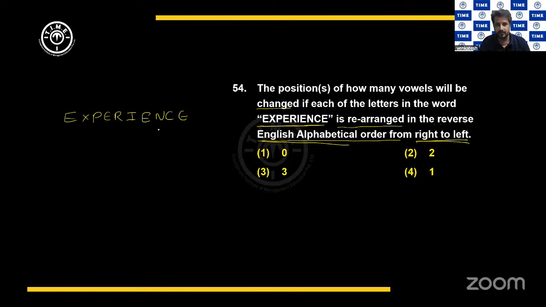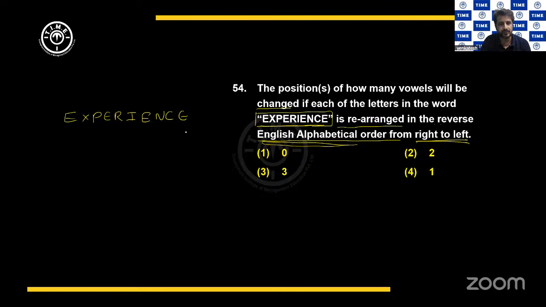Though it is given as reverse alphabetical order, what we do is identify the alphabetical order and write it from the right side to the left side, so automatically it becomes reverse alphabetical order.